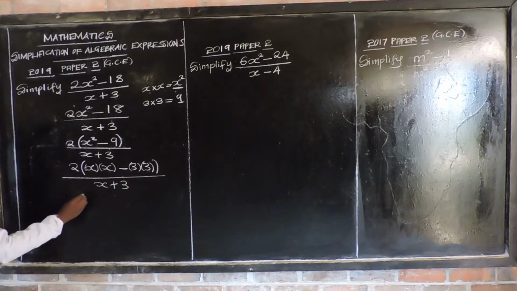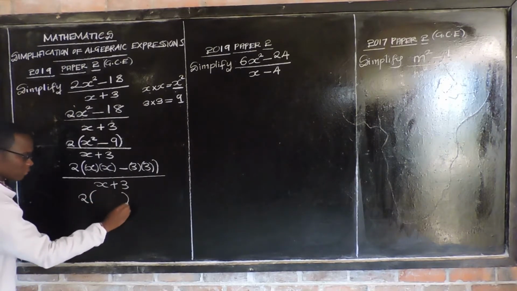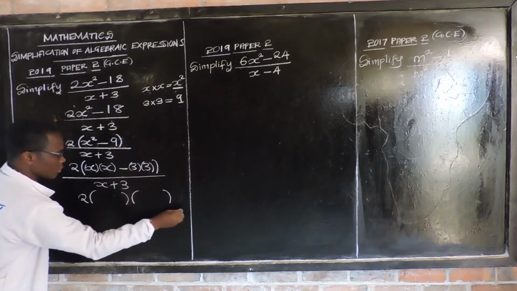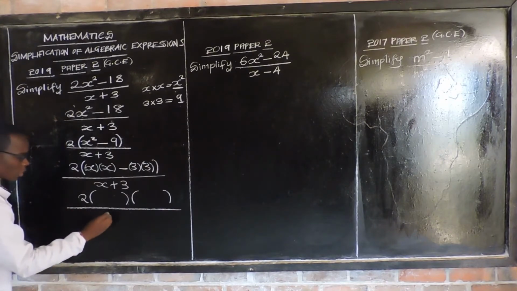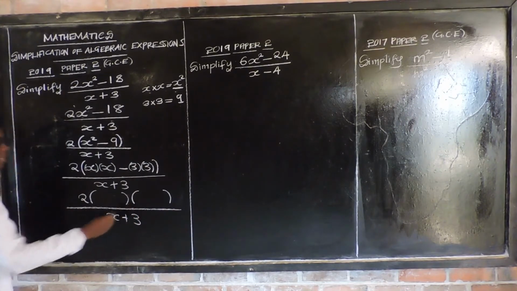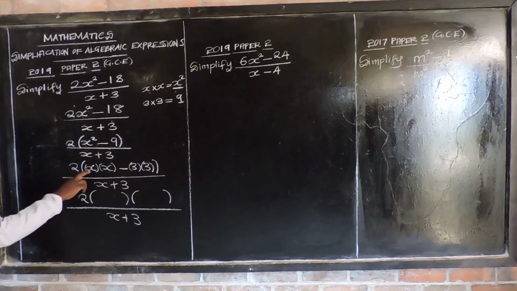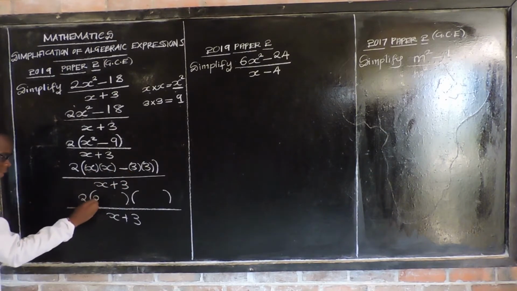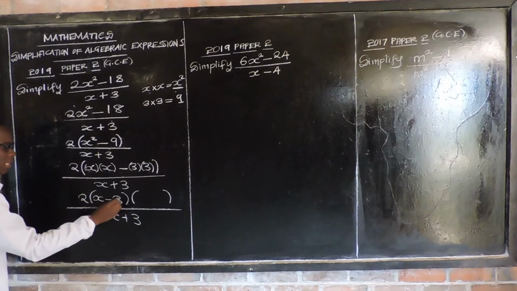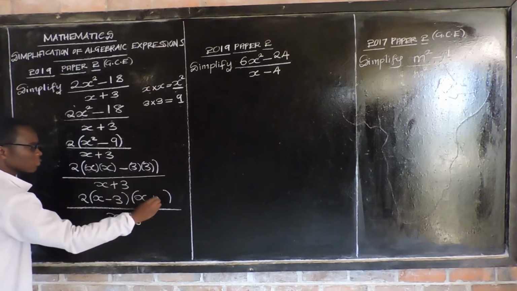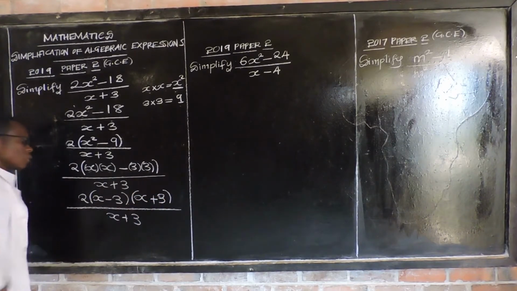Then you say 2, and you come up with 2 brackets like this, over x plus 3. So you're going to say x minus 3, and x plus 3.